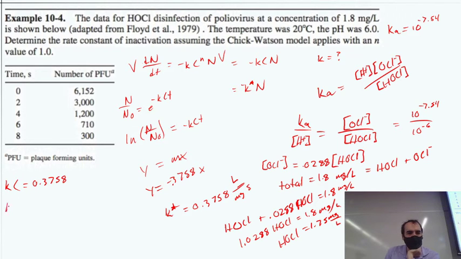And now we know K is equal to 0.3758 divided by that concentration, 1.75 milligrams per liter. And this guy at the top was liters per milligram per second, so the milligrams per liter will cancel and our K will be solved.